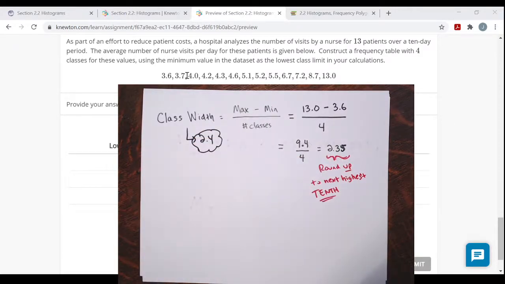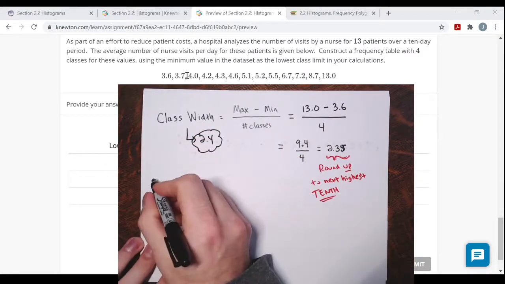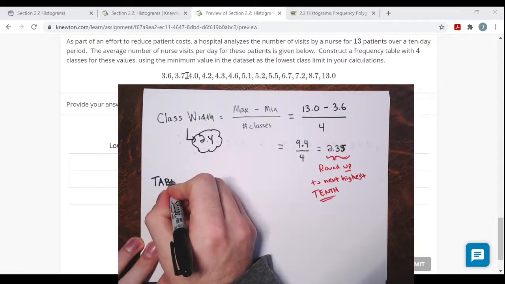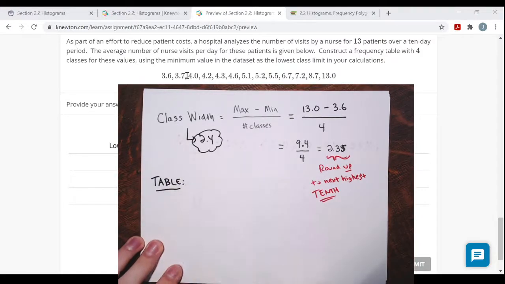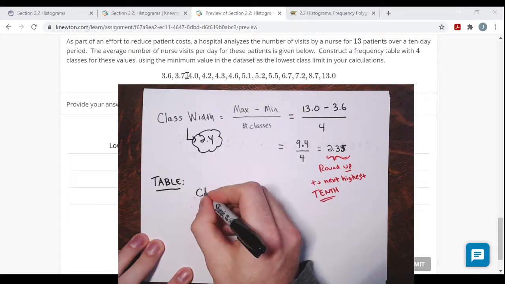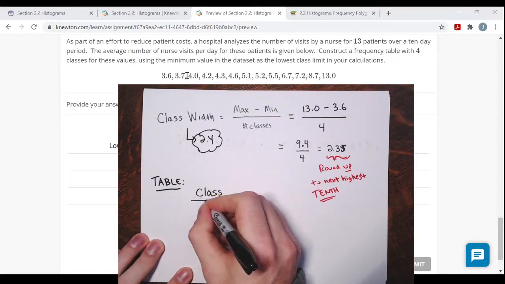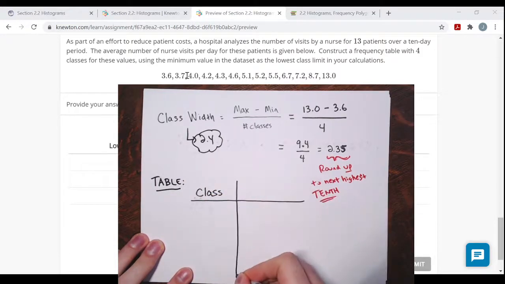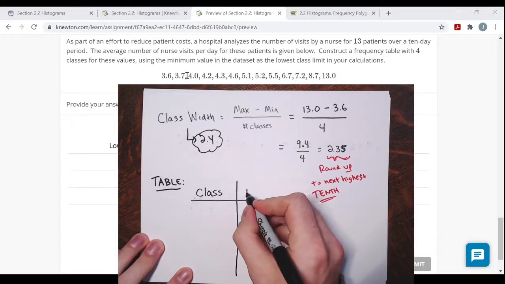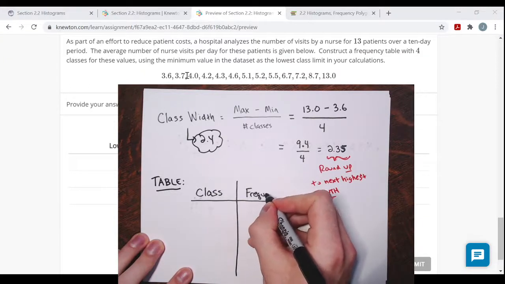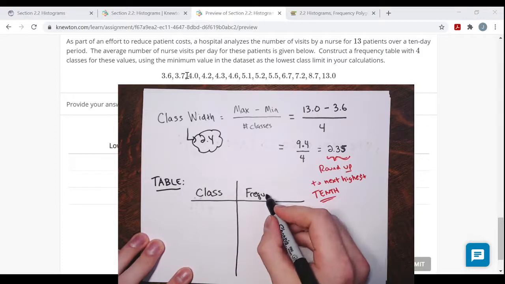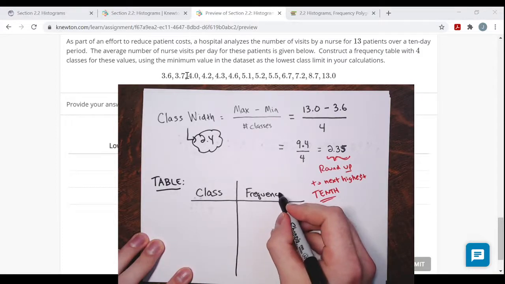All right, so now I'm going to make my table. I'm going to have my classes, and then how many data values are in each class, the frequency. A column with class and a column with frequency.